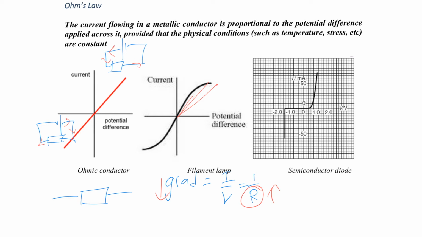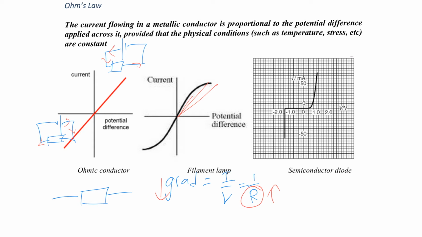Now, remember I was telling you about conductors where they already have free or mobile charge carriers, which are our free electrons. When our filament lamp, which is actually the filament inside there, which is a metal, becomes hotter, you won't get extra electrons. The number of free electrons is still the same. But what will happen is the atoms in your filament will start to vibrate faster, because when temperature goes up, KE goes up.